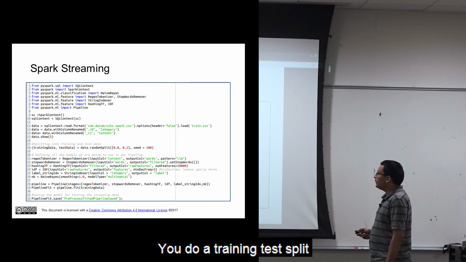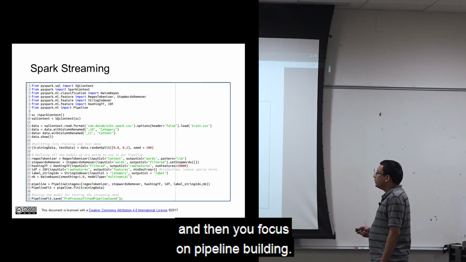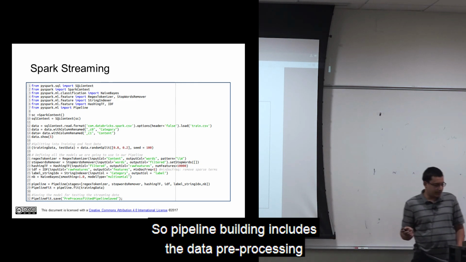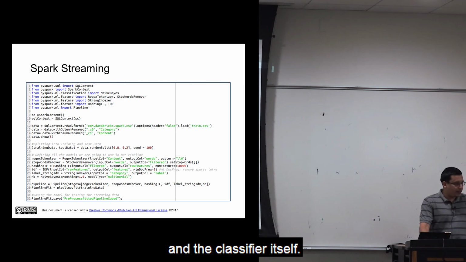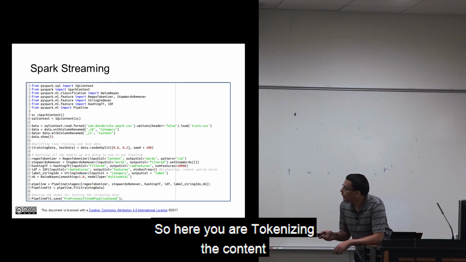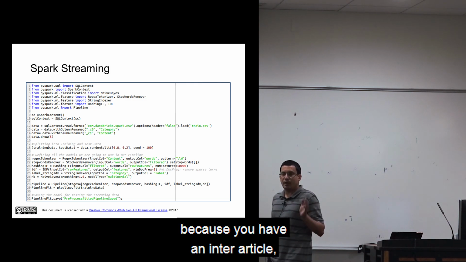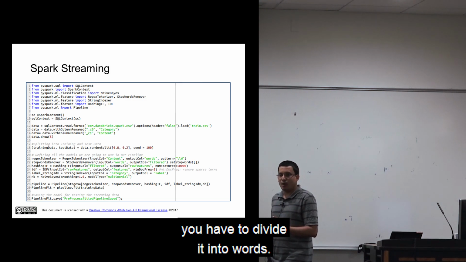You do a training test split, and then you focus on pipeline building. Pipeline building includes the data preprocessing and the classifier itself. Here you are tokenizing the content, because you have an entire article and you have to divide it into words.